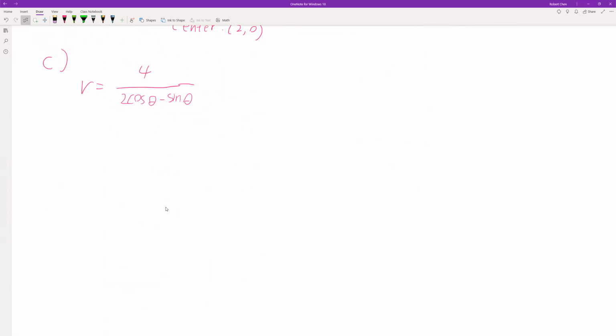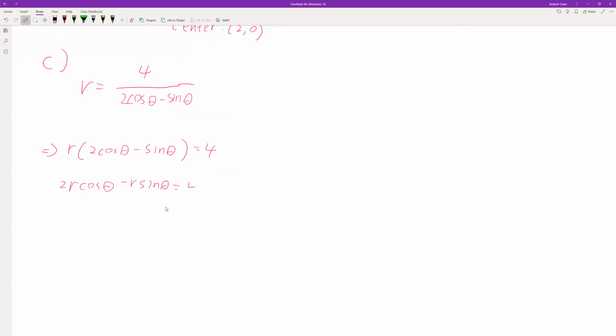So that's a little hard to work with like this. What we're going to do is multiply the denominator to the left-hand side. So I have r times (2 cosine theta minus sine theta) is equal to 4, right?